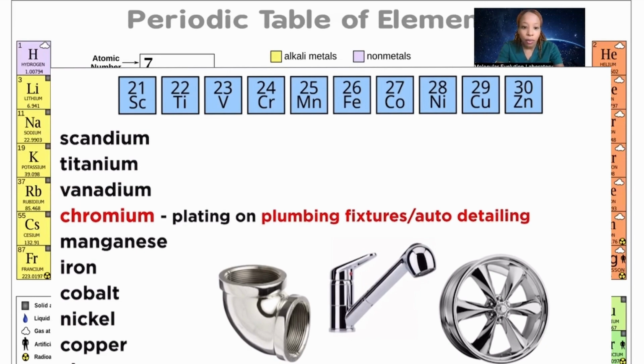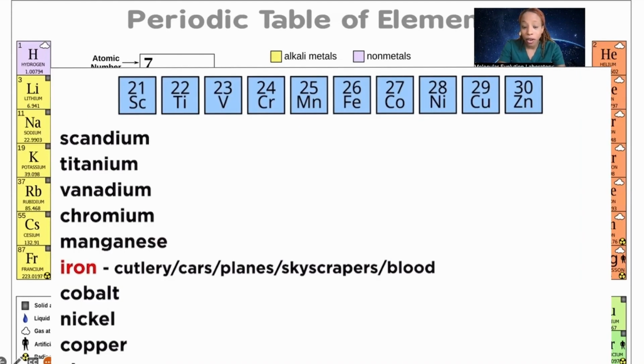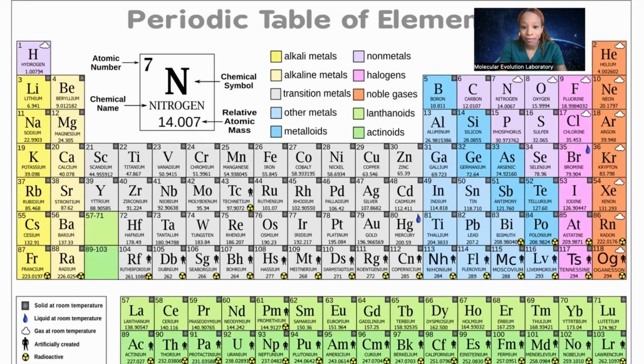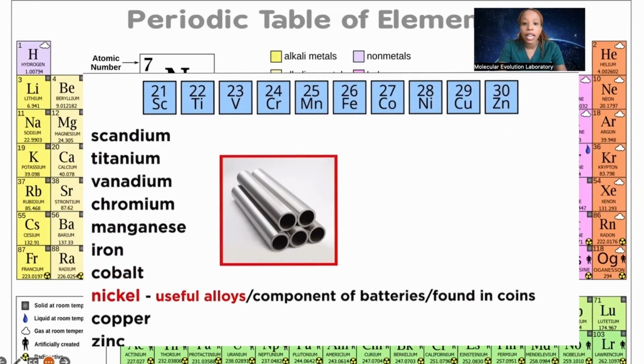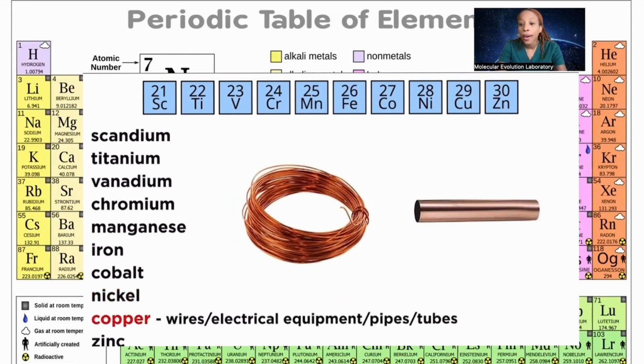Chromium is used as a protective coating on plumbing fixtures. Manganese is known from oxidizing agents such as potassium permanganate. Iron is everywhere, from cutlery to the hemoglobin in your bloodstream. Coins as well. Cobalt is highly used in machinery and electronics. Nickel, we know, is found in alloys, batteries, and coins.